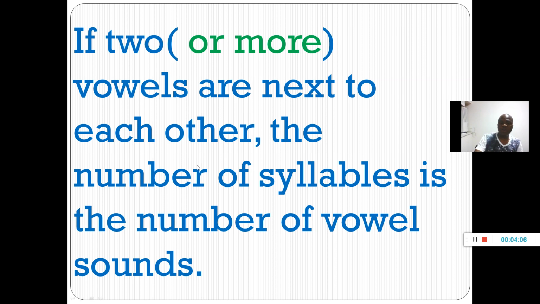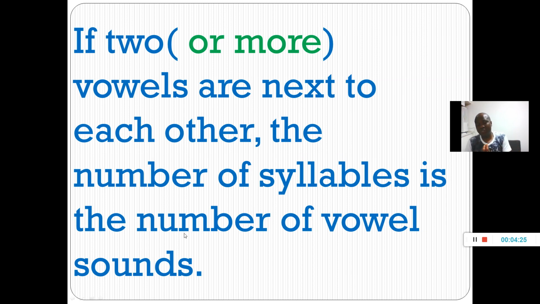For example, if I say the word meat, M-E-A-T, that is a food that we eat. Now you realize that the E and the A in the middle of meat come together, they team up.